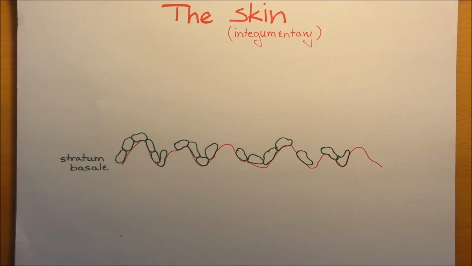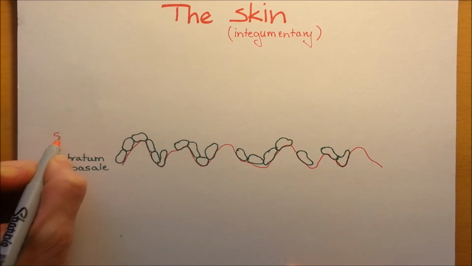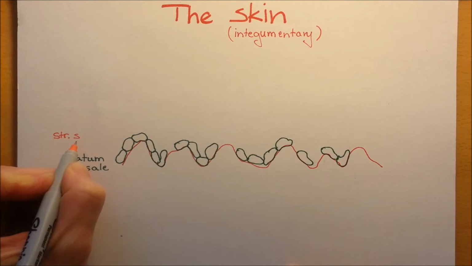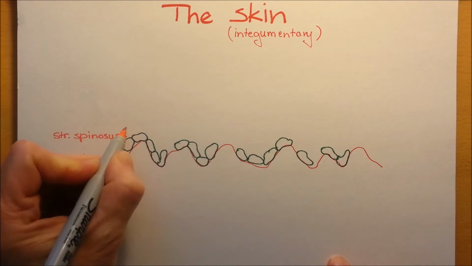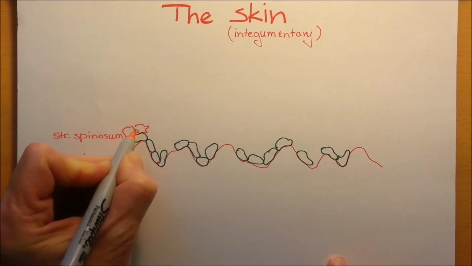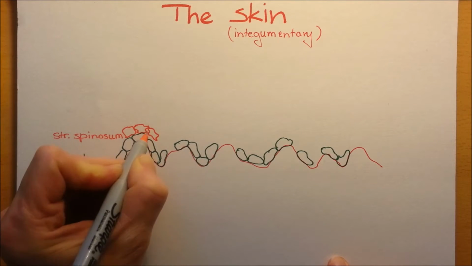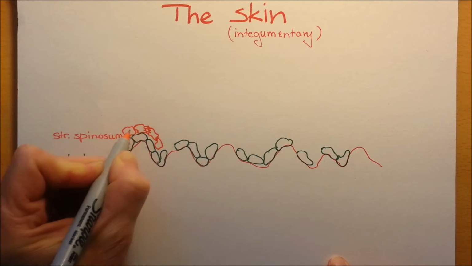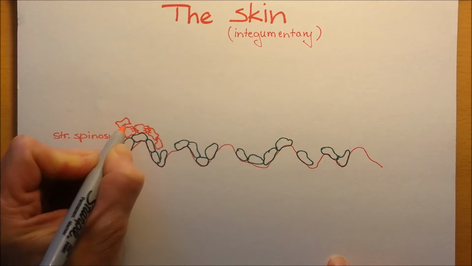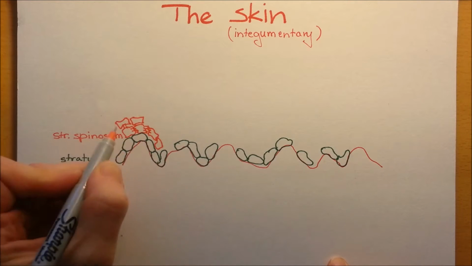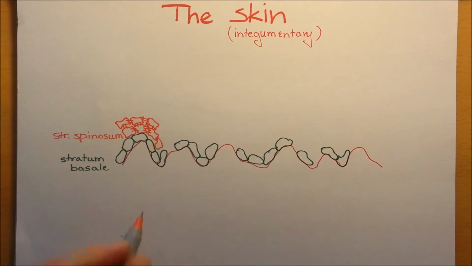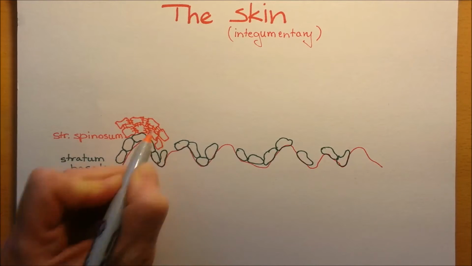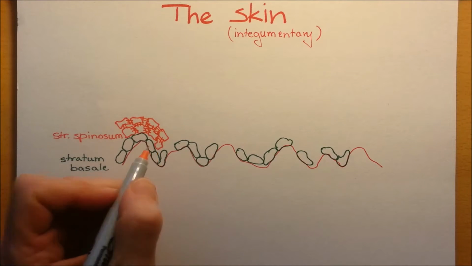The next layer is the stratum spinosum. Spinosum means spiny, and this contains several cell layers immediately superficial to the basal layer, the stratum basale. It starts to accumulate pre-keratin protein that will be really important for the function of the skin.